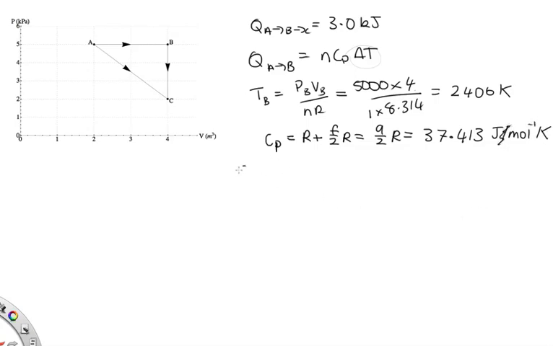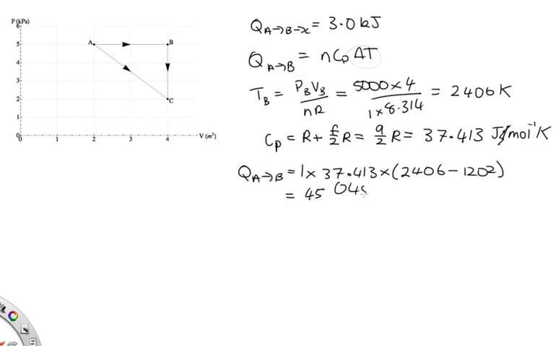Okay, so Q from A to B is equal to 1 times 37.413 times the change in temperature. The final temperature is 2,406. The initial temperature, the temperature at A, we calculated earlier, and we found that it was 1,202. So this is equal to 45,045 joules.